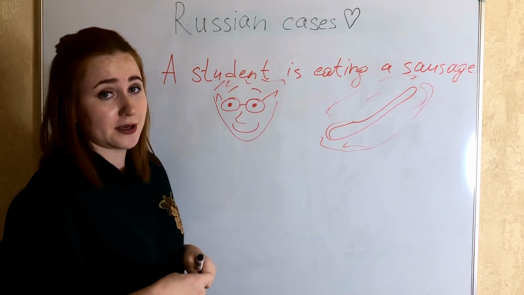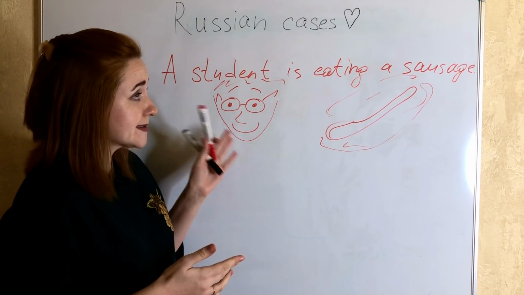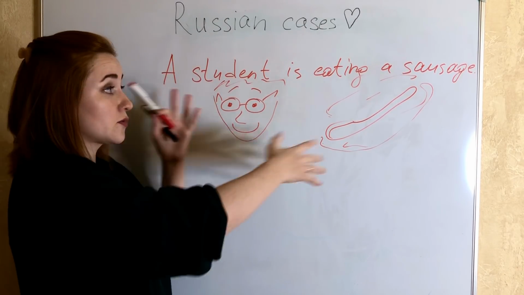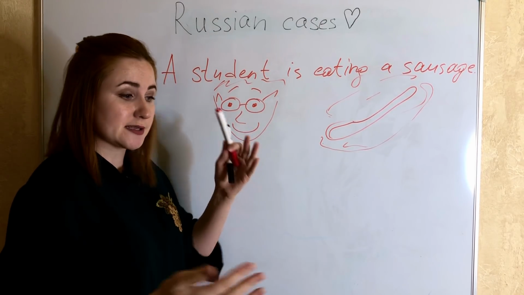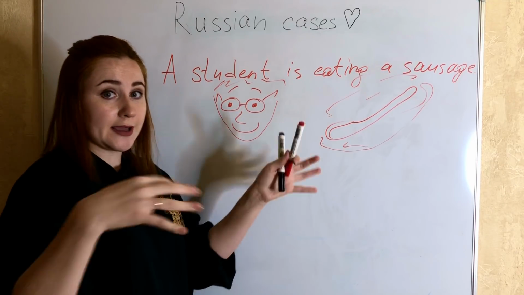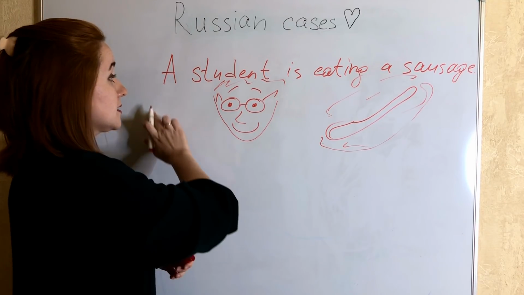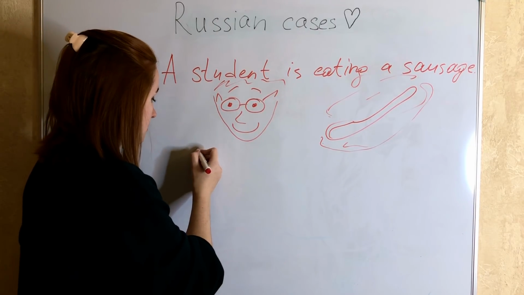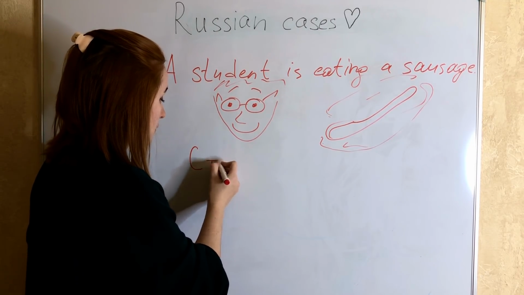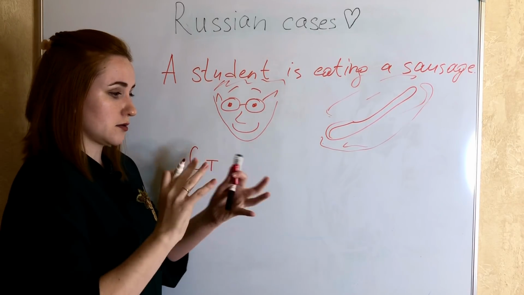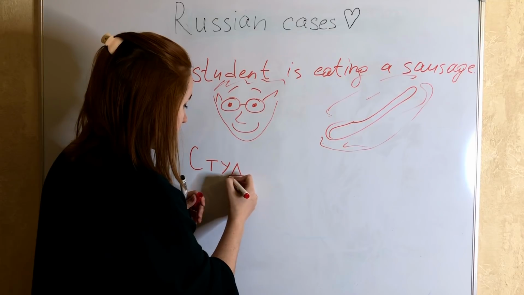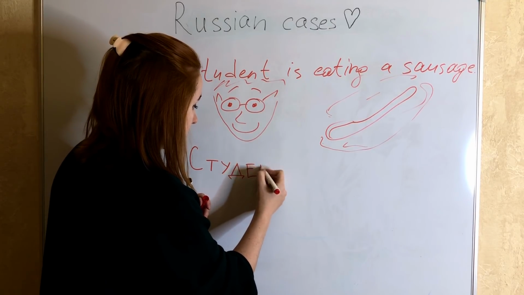Okay, in Russian, as you already know, it's not that obvious. In Russian, the word order can be very flexible and we can replace and switch the words. So the same sentence, let's imagine that we write it all in the original form, like in a dictionary, without any cases.